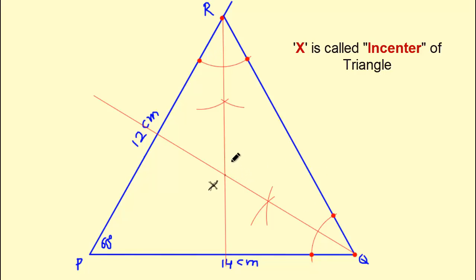If you draw the angle bisectors of a triangle, they meet at one point, and if any person is standing over here, their distance from these three lines, the sides of the triangle, will be equal. And this point is commonly known as the incenter of the triangle.